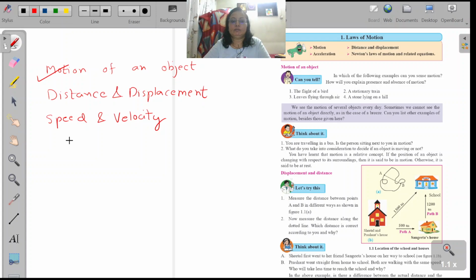He is at rest. But if I get outside the bus and become an observer, then that person is in motion for me. The bus is moving and so is that person. So we can say that motion is a relative concept.